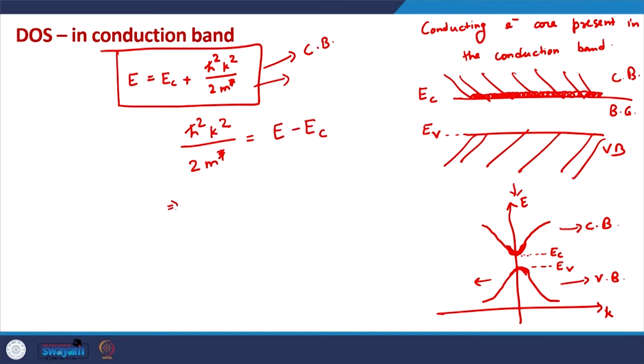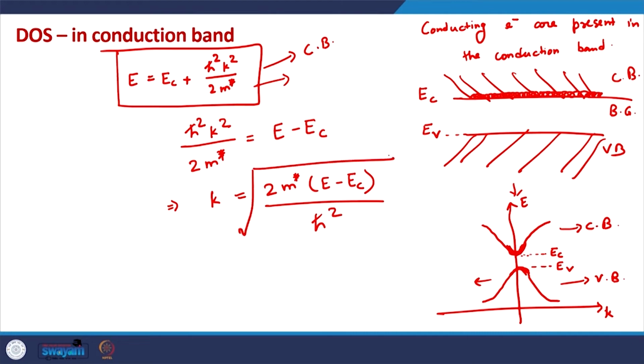Which means k will now be the square root of 2m star times E minus EC divided by h bar square. So, instead of E we will have a factor of E minus EC in all our expressions, especially in density of states.